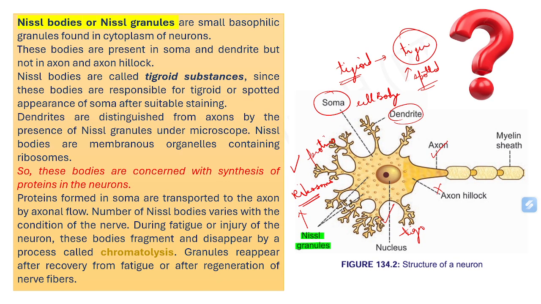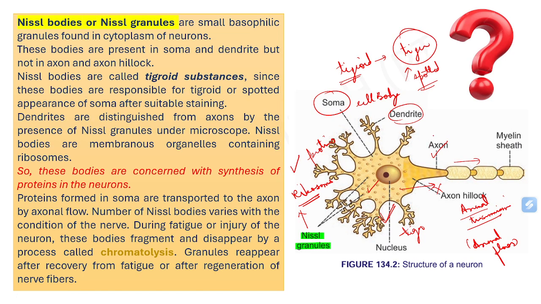Proteins which are formed in the dendrite or in the soma of the neuron are transported to the axon by axonal flow, because the axon also needs the proteins.